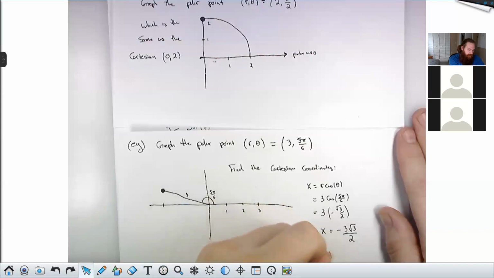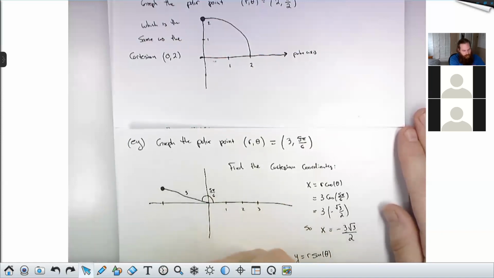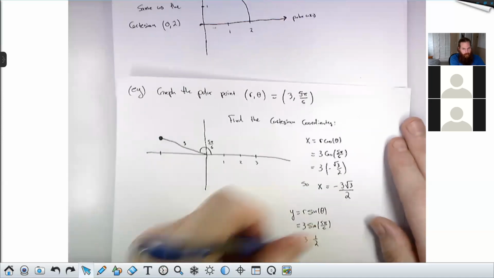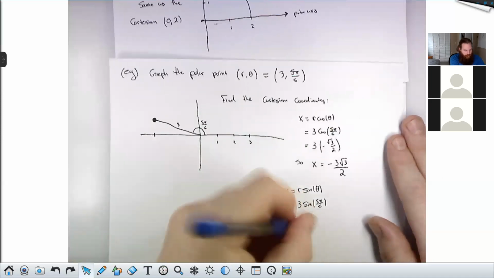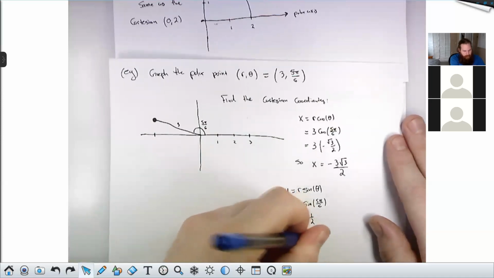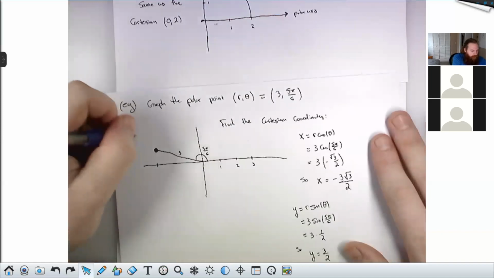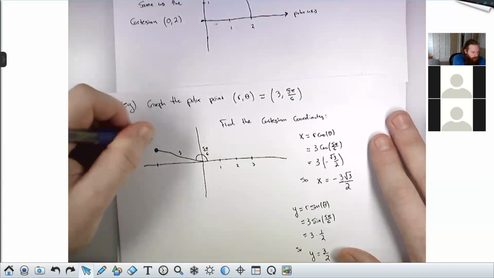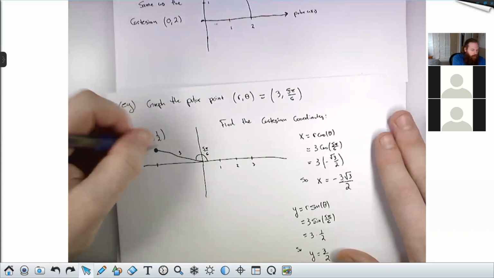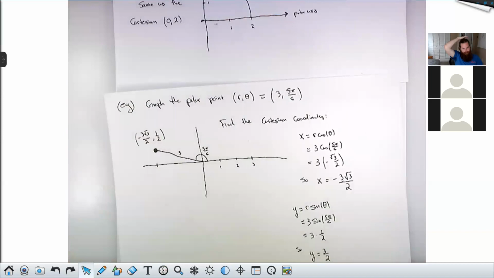That's 3 times the sine of 5 pi over 6. That's 3 times 1/2. So y is 3/2. In other words, this point right here is negative 3 root 3 over 2, comma 3/2. That's the normal x-y coordinates.